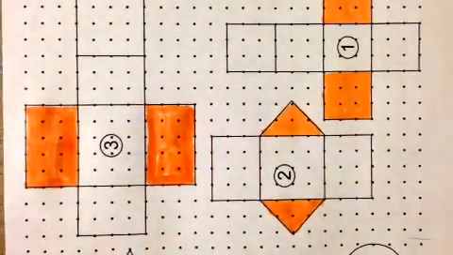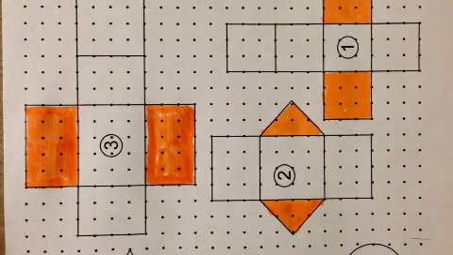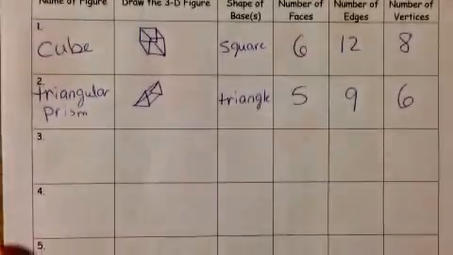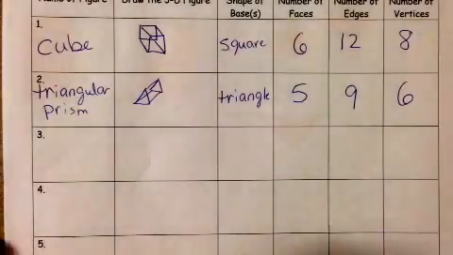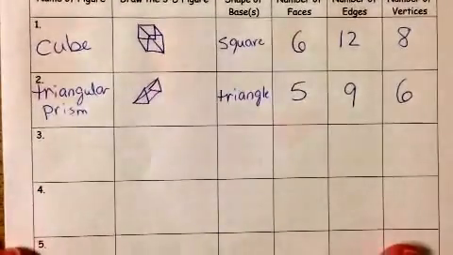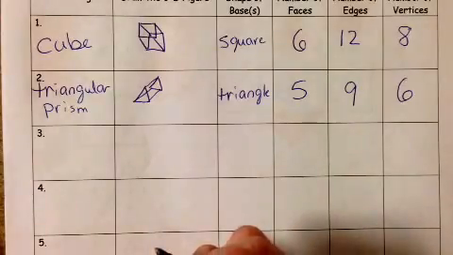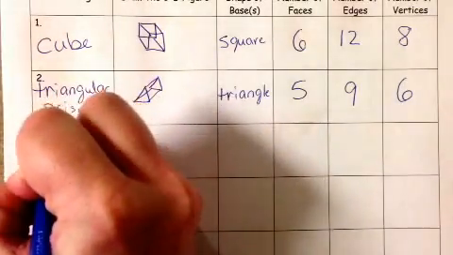And then we'll go back to the other page. Okay, so number 3, because it has rectangle bases and all the other faces are rectangles, it's a rectangular prism.